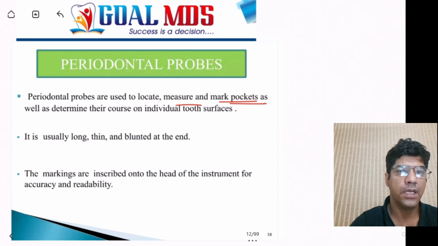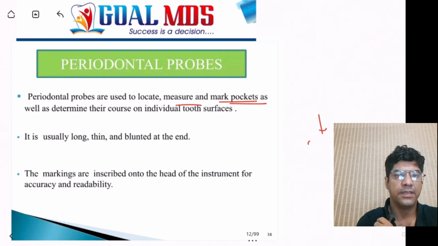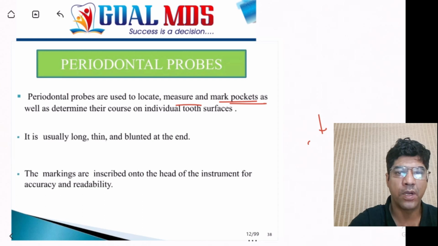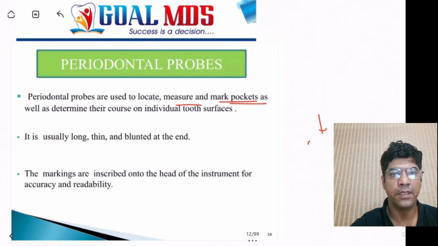While measuring the pocket depth, the probe is inserted into the gum pocket, and the rounded tip is navigated along the surface of the tooth root. So the scale on the probe helps the dentist to measure the depth of the pocket. So remember, as you insert the periodontal probe, a firm yet gentle pressure is applied.